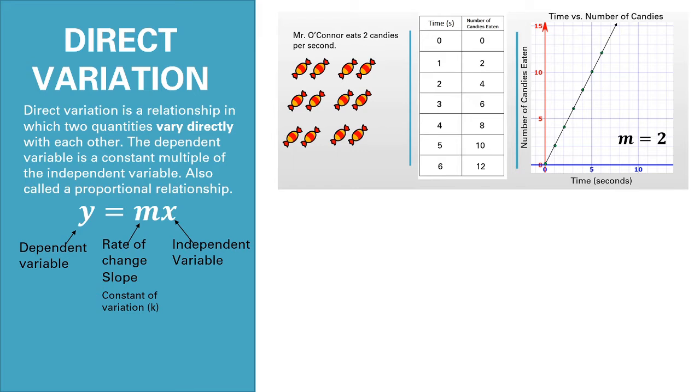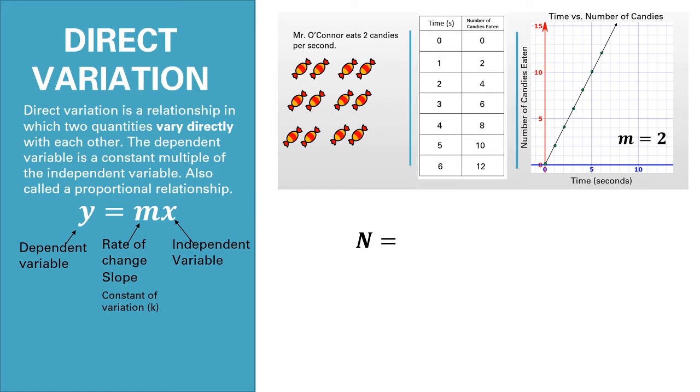So let's now try to write the equation for the scenario of Mr. O'Connor eats 2 candies per second. And then we'll start to be able to understand, hopefully, this second sentence here. All right. What was our dependent variable from our scenario? It was the number of candies eaten.